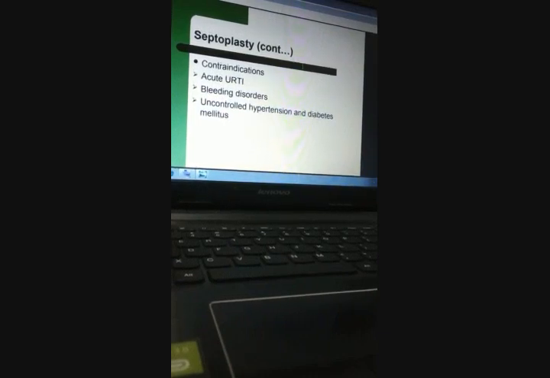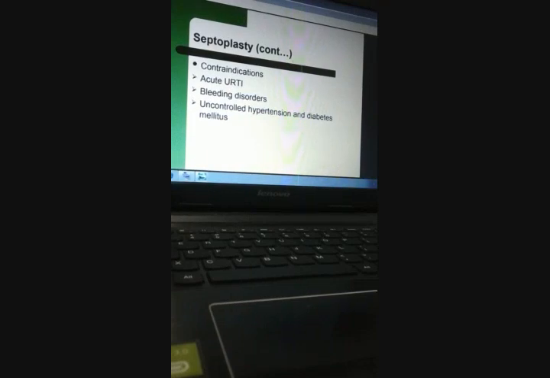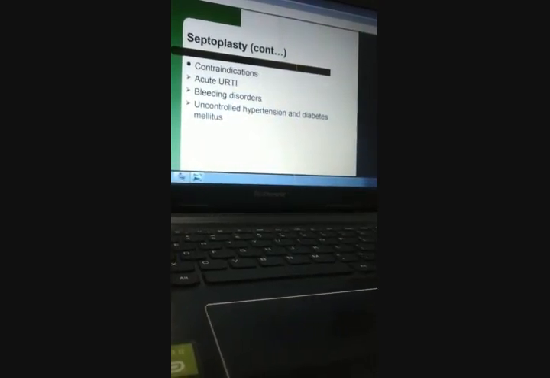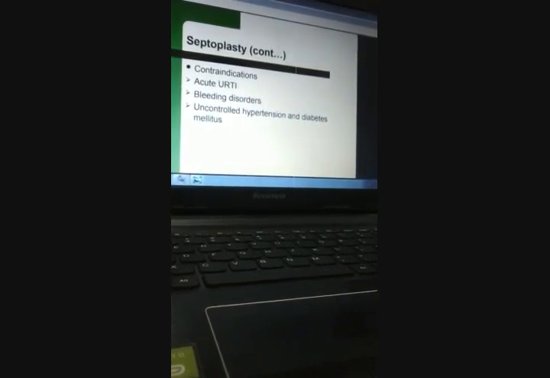The contraindications of septoplasty are similar: acute upper respiratory tract infection, bleeding disorders and uncontrolled hypertension and diabetes mellitus.